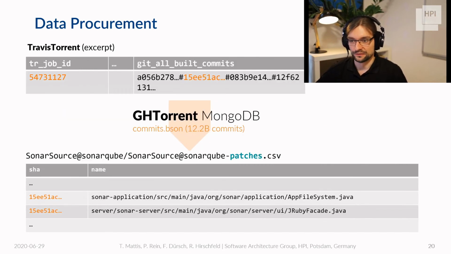We also try to link this dataset to other sources, for example, from the GHTorrent MongoDB dump, which stores the raw API answers from GitHub. We can look up which files have been edited for each individual commit included in certain build jobs. So that allows new RTP strategies which rely on the file changes, for example.